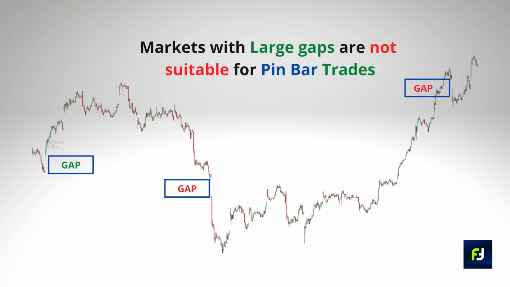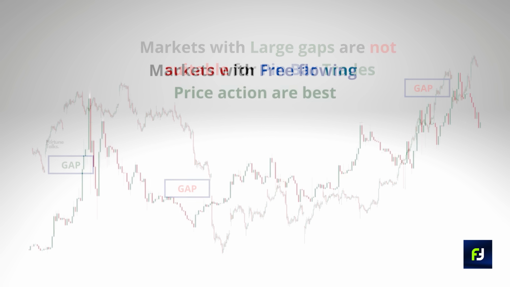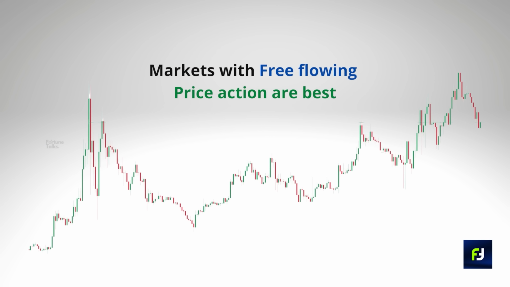But markets such as individual stocks that can often have large gaps, like gap ups or gap downs, are not ideal for pin bar trading. Instead, the markets which are fast and free-flowing with smooth price action are actually good for pin bar trading. So markets like Forex, crypto, etc. are the best candidates for this particular strategy.